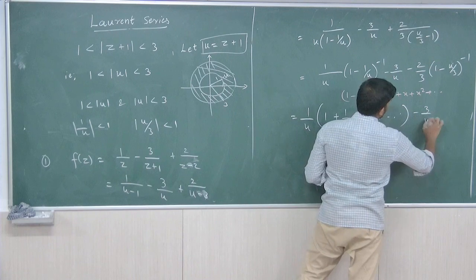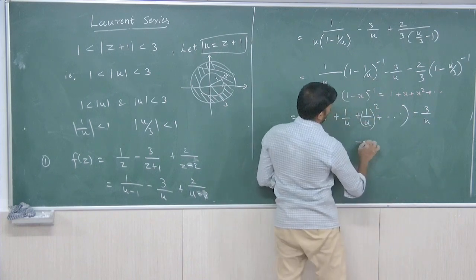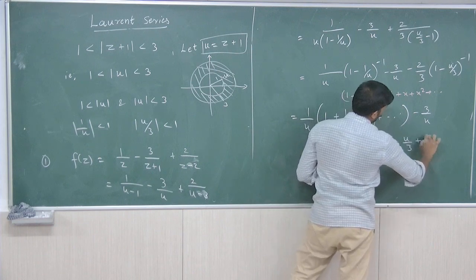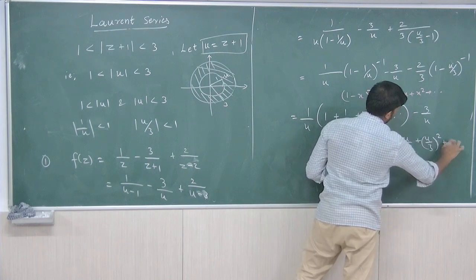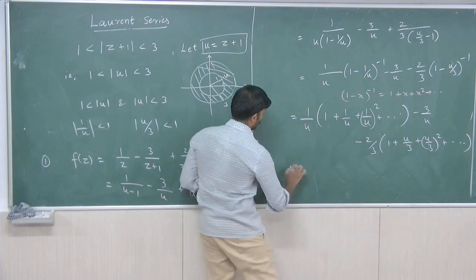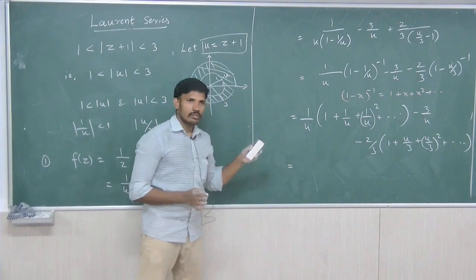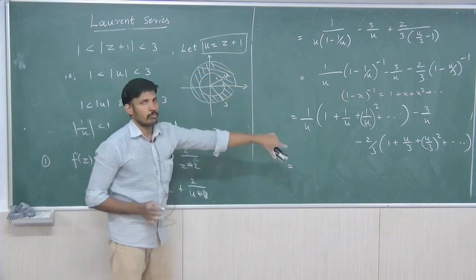Minus 3 by u, minus 2 by 3, 1 plus u by 3 plus u by 3 whole square and so on. So after expanding, try to substitute u by z plus 1.